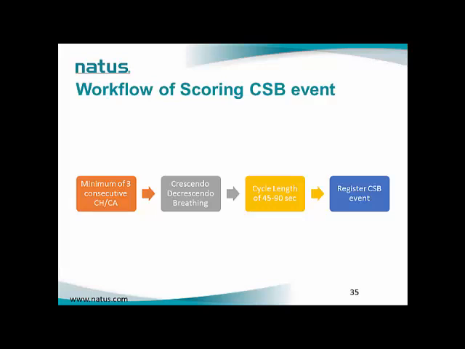As per the AASM recommendations, a CSB event is scored when we have a minimum of 3 consecutive central apneas or hypopneas, when there is a crescendo-decrescendo breathing pattern, and when the cycle length between two different events is 45 to 90 seconds, then we can register a CSB event.